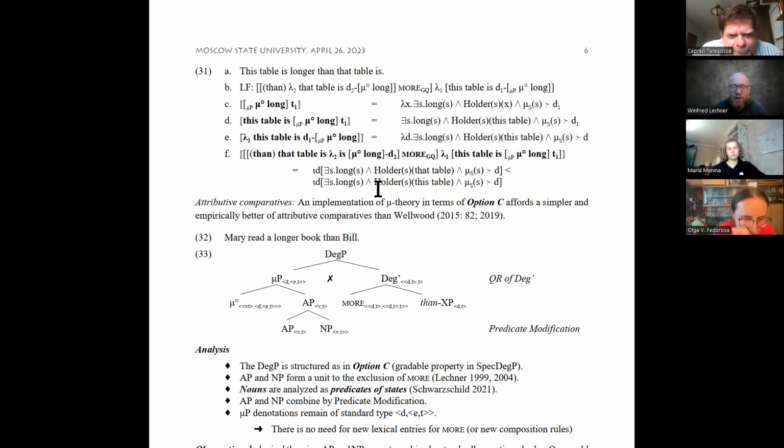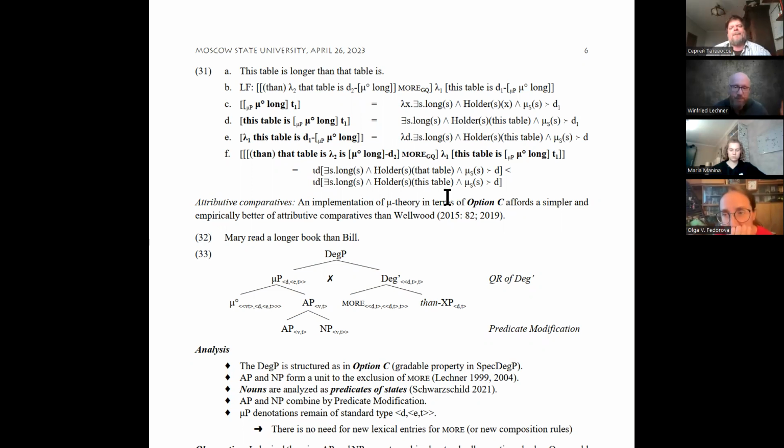And what are the requirements that these degrees have to satisfy? Well, there must be a state of length, and the table is the holder of that state, and the degree of that state is below D. So that gives you approximately the correct meanings of that construction.